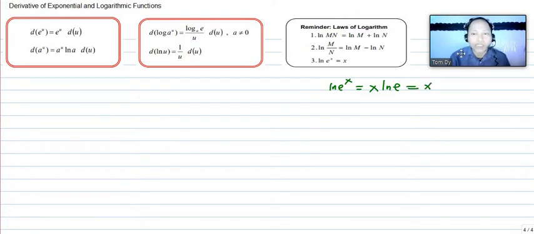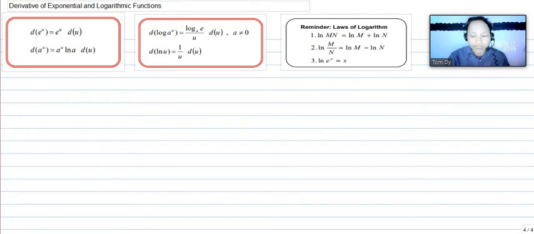X times 1, that is x. So that is how we use this law of logarithm. These are our formulas for finding the derivative of exponential and logarithmic functions.